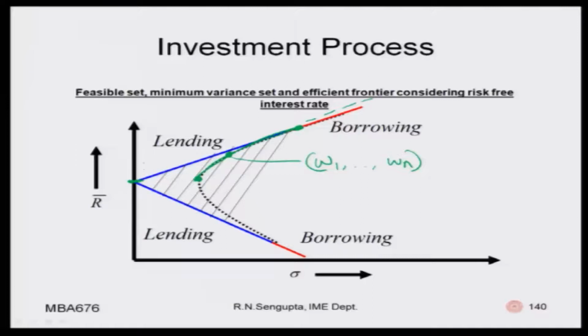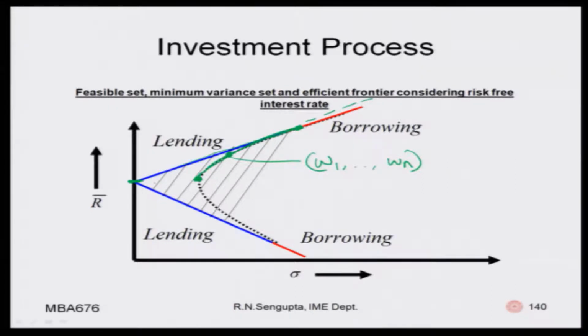So, if I combine them, any combination when there is no short selling, what is short selling in this case? Let us discuss. There is no short selling between the risk free interest rate and the n number of risky assets along the straight line which is tangent to this point, starting from RF. And obviously, if you look at the bottom figure, this is again a triangle with the blue and the red extended.